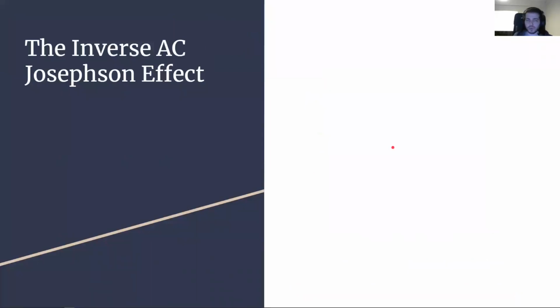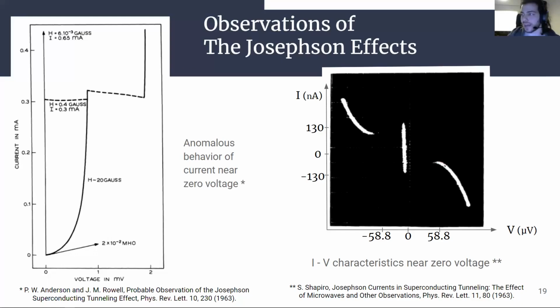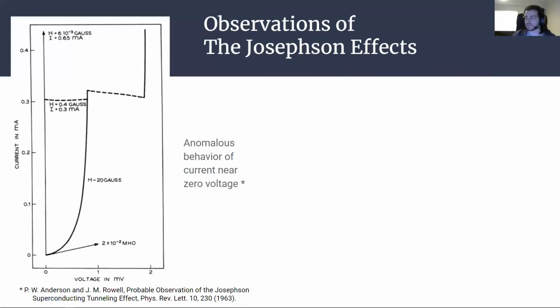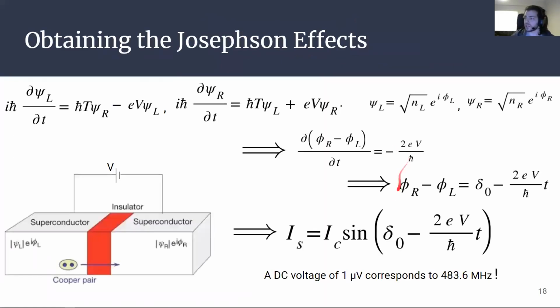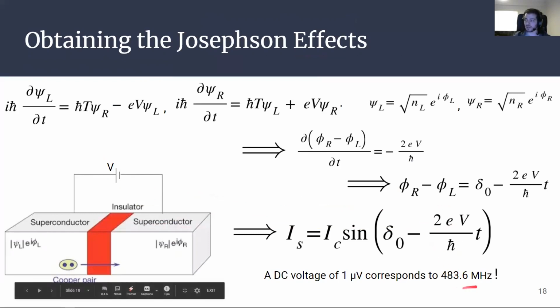Okay, so now we will talk about the inverse AC Josephson effect. With many things, there comes the inverse effect of it. What we had in the AC Josephson effect was that we applied DC voltage and we observed a radio frequency.